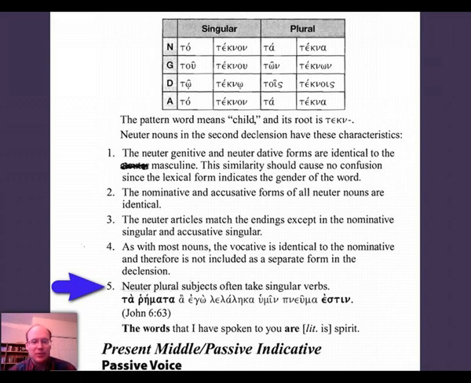I know what endings to put on the noun to indicate the of relationship, or he gave a book to a child, edōken biblion tō teknō.